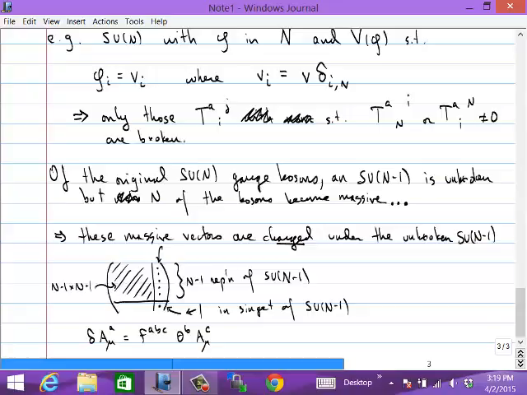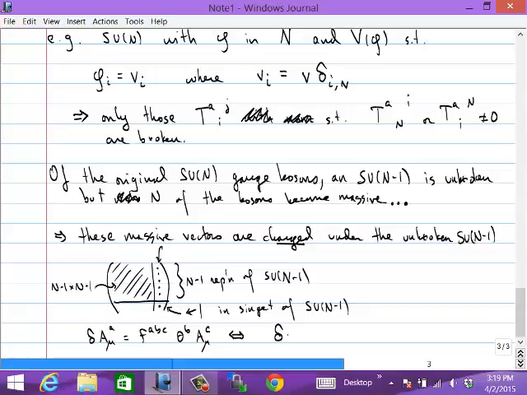in the adjoint representation. So if you think about this, that means that you can think about a field in the adjoint representation as an n by n Hermitian matrix. Indeed, a gauge field is an n by n Hermitian matrix.